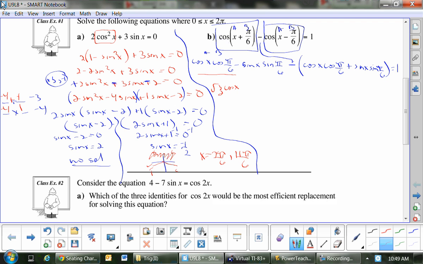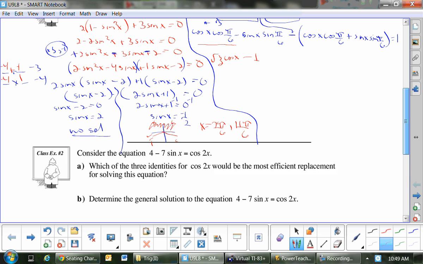Minus, what is sine pi over 6? 1/2. That would be 1/2 sine x. Minus, bracket. Same thing, but that's going to be root 3 over 2 cos x plus 1/2 sine x equals 1.